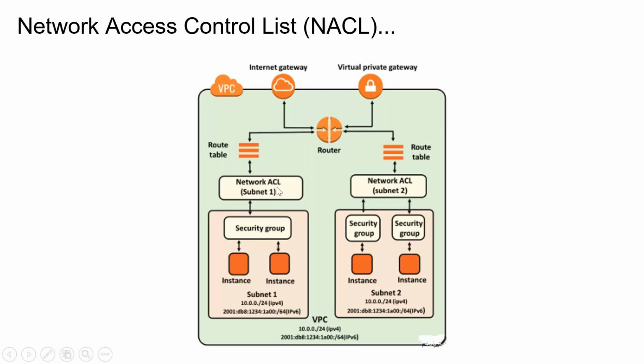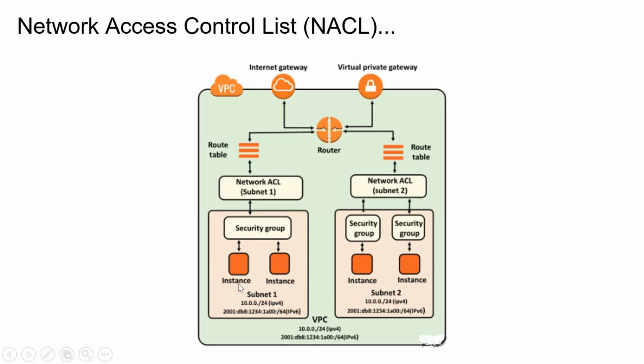Once it is filtered, only then will the traffic be allowed into your subnet, and within the subnet, whenever an instance is targeted from the internet, the security group will be applied again. The security group also checks whether it is allowed or not, and only then will it be allowed. So you have multiple security layers like that.